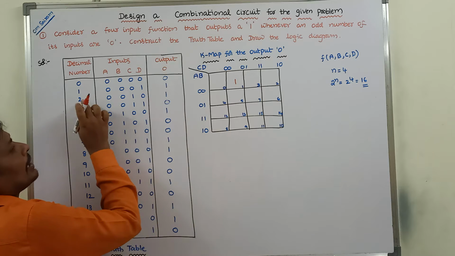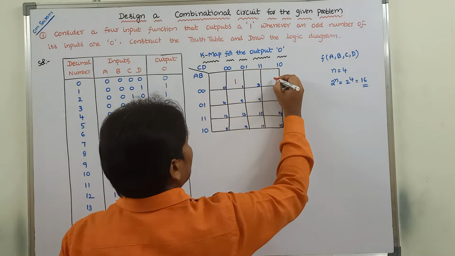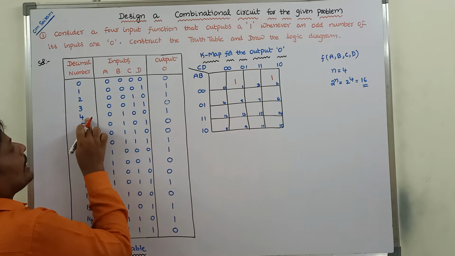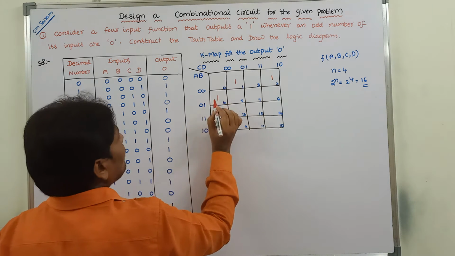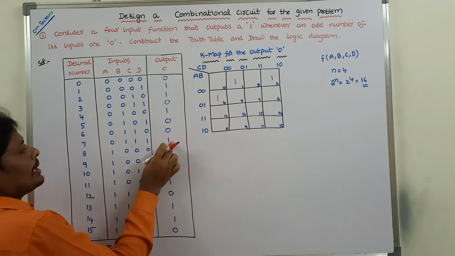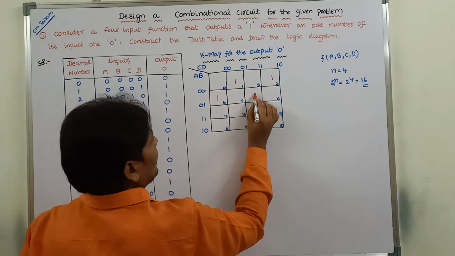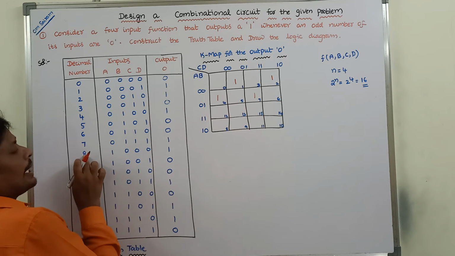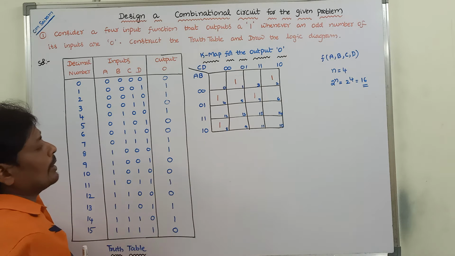Next, decimal number 2, which is this cell, 1. Next, decimal value 4, so we insert 1. Next, decimal value 7, we insert 1. Next, decimal value 8, we insert 1.